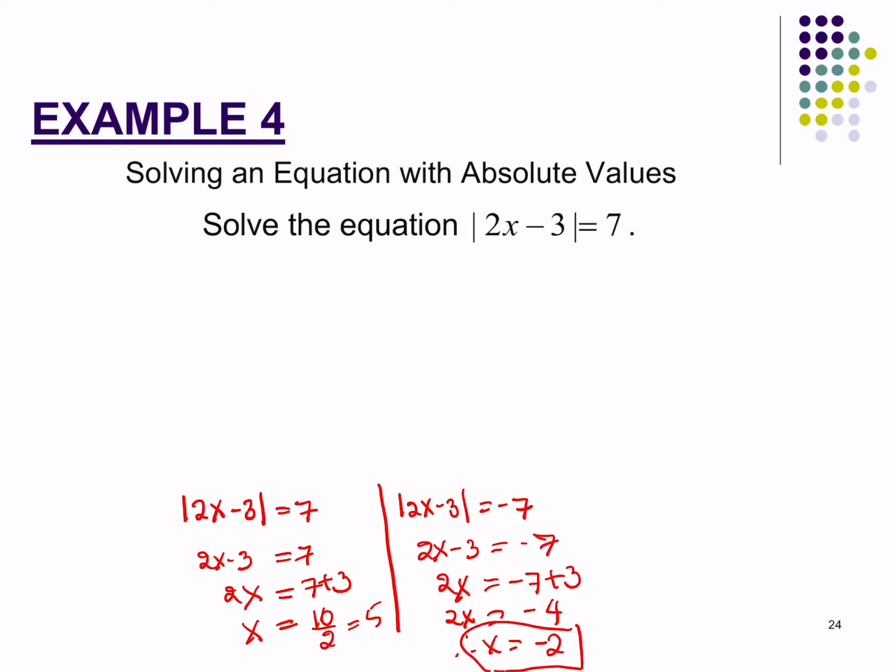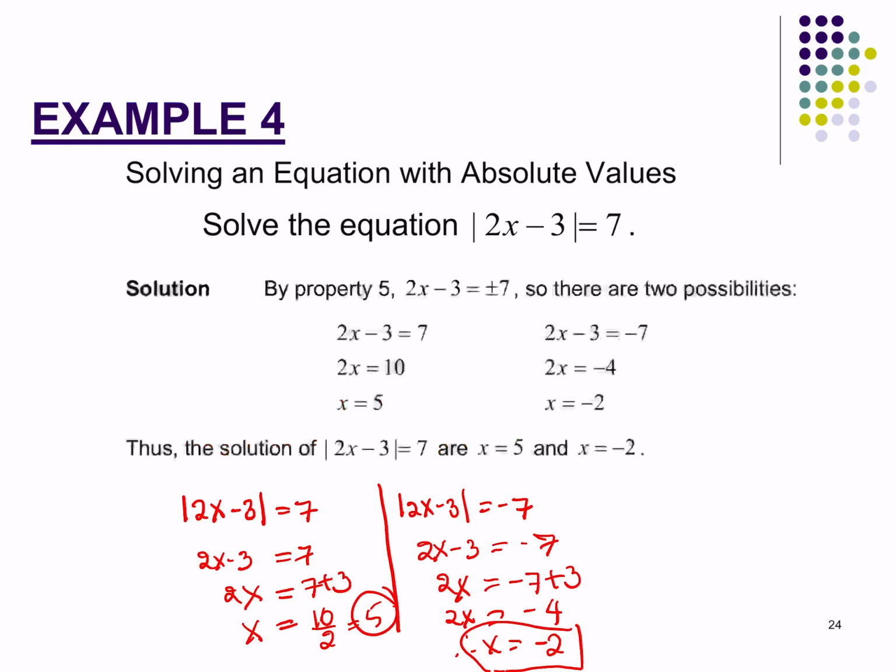So you have x equivalent to minus 2 and x equivalent to 5. So you have two different solutions for this equation. Therefore, you can answer that the solutions of 2x minus 3 equivalent to 7 are x equivalent to 5 and x equivalent to minus 2.